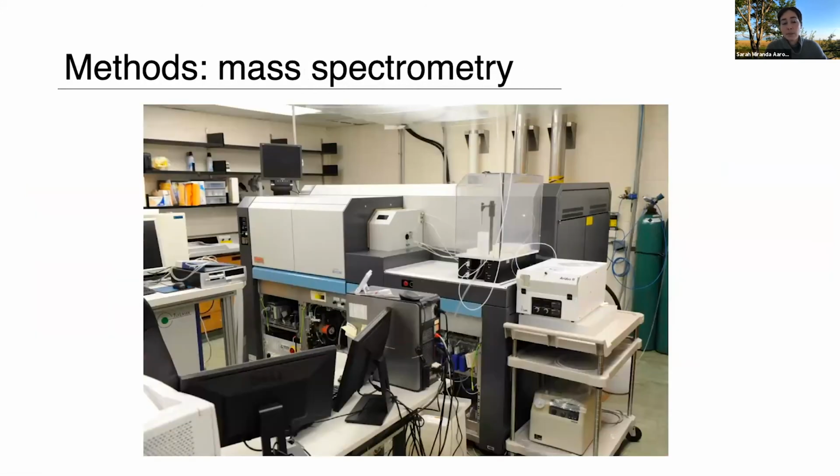And we're able to measure really precisely the titanium isotope composition of our rocks by using mass spectrometry. This is a picture of our mass spectrometer, and it essentially uses the relationship of the mass of the isotope to tell us information about how much of that isotope we have in a particular sample.